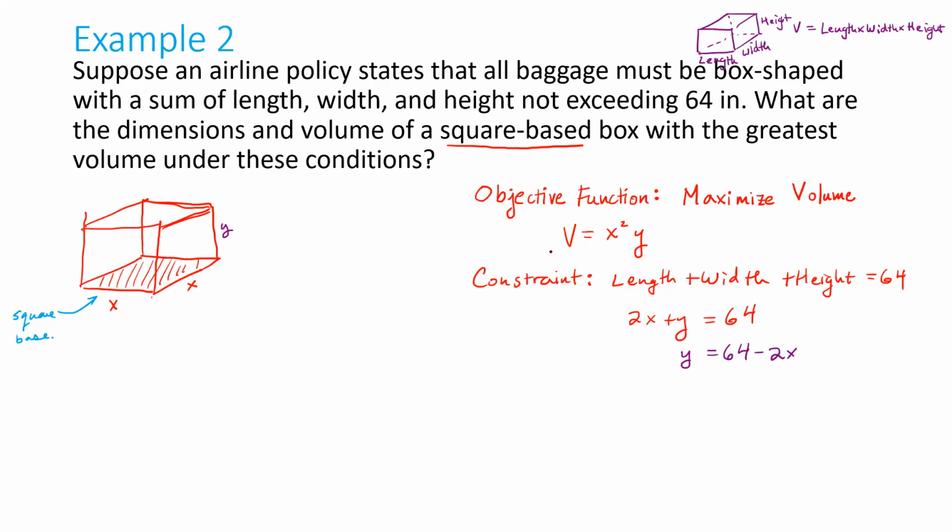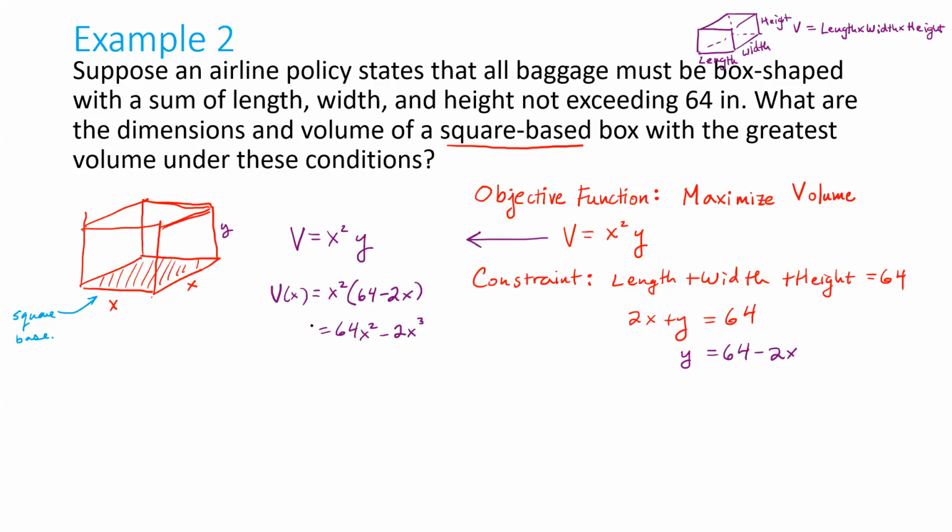And here, let me just write that over here. Now we have the volume as a function of x. So we get 64 x squared minus 2x cubed.